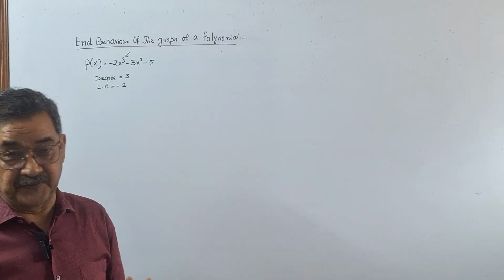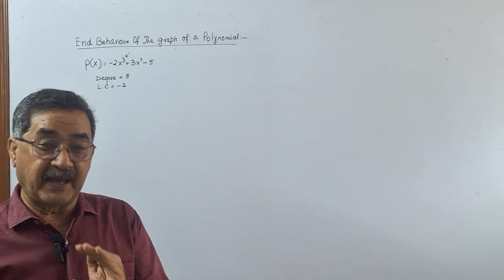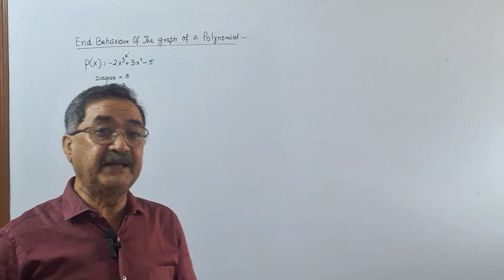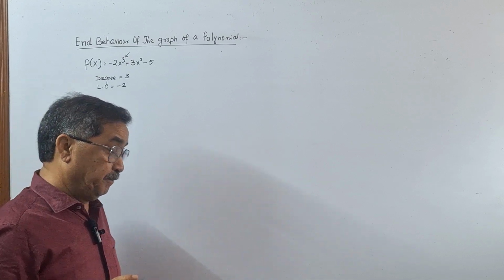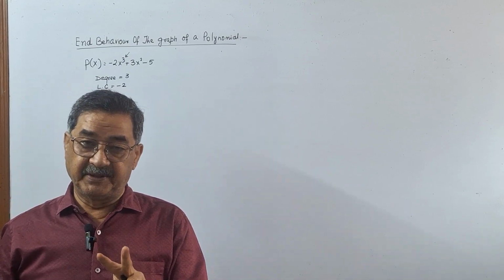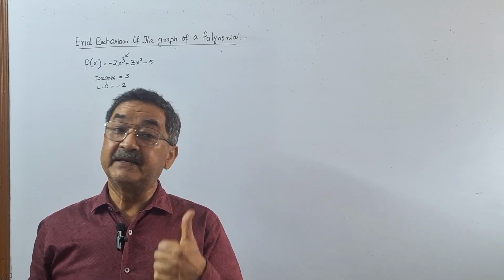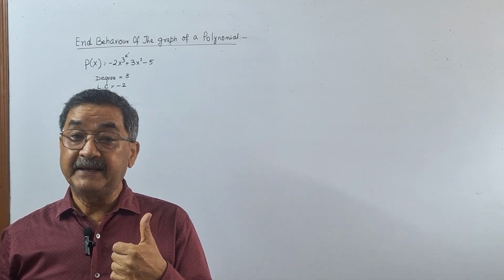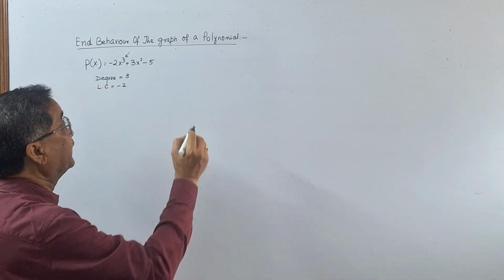So, before we analyze the end behavior of a polynomial, we should first analyze the degree and the leading coefficient. Once you have analyzed the degree and the leading coefficient, then for the degree of a polynomial, there are two possibilities. Either the degree is odd or the degree is even.